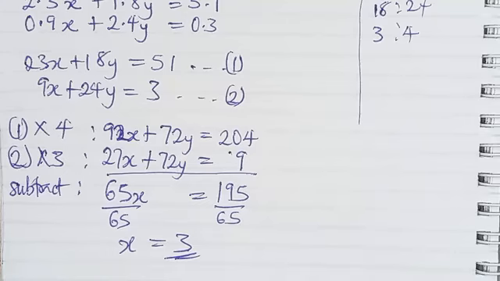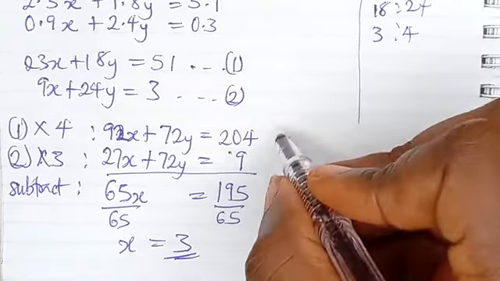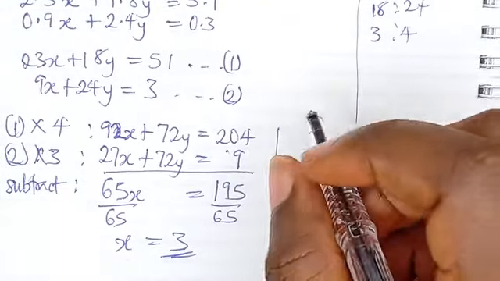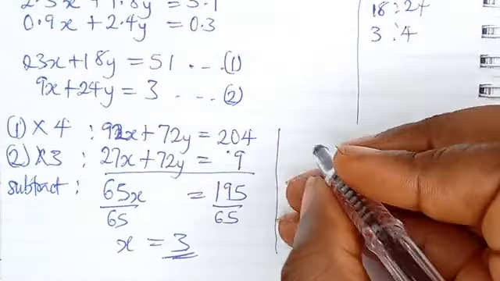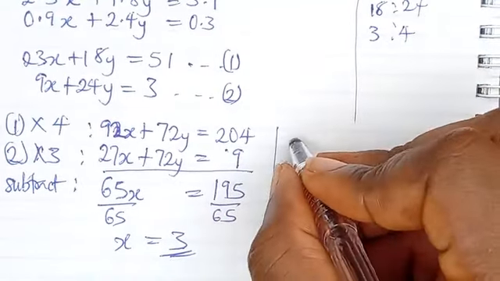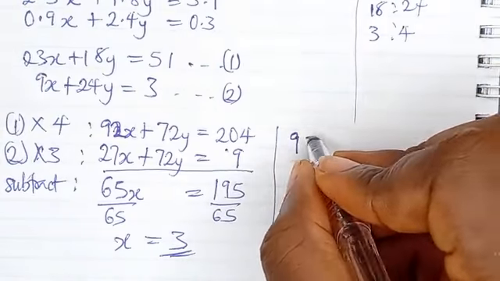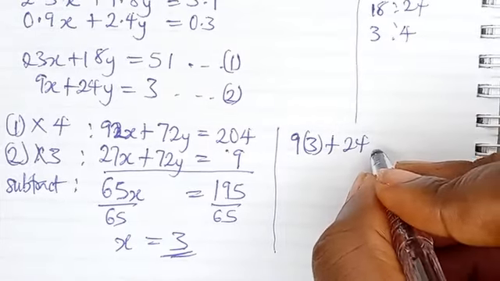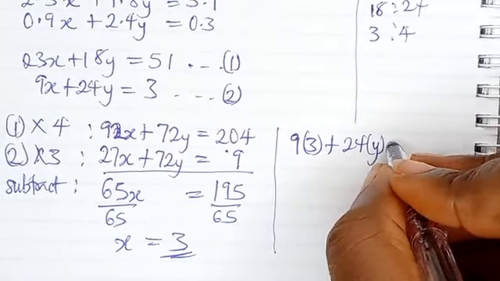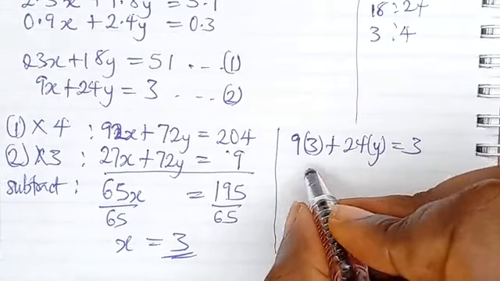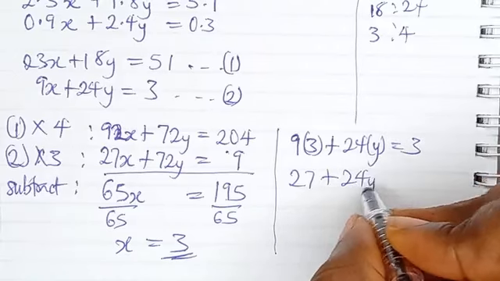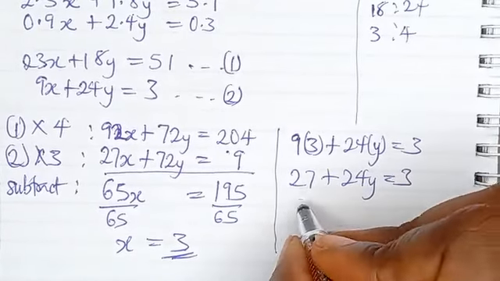Wow, this gave a very simple answer. So we're going to solve for y. Let me substitute into equation 2, that looks simpler. We have 9 times x, which is 3, plus 24y is equal to 3. We have 27 plus 24y is equal to 3. We collect like terms.